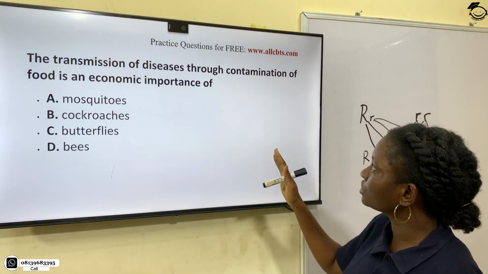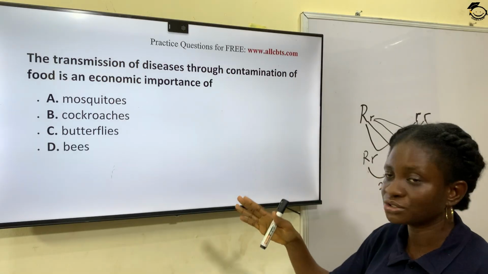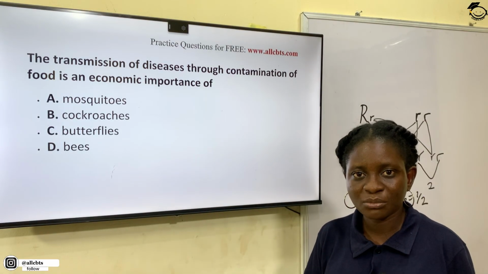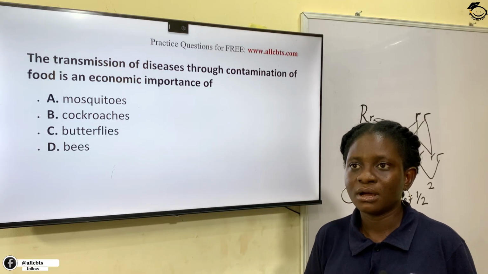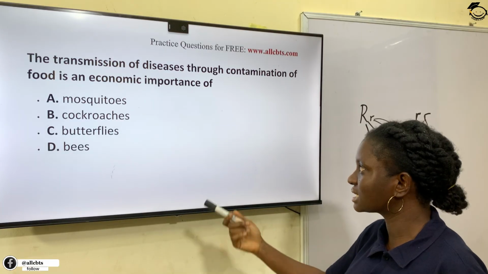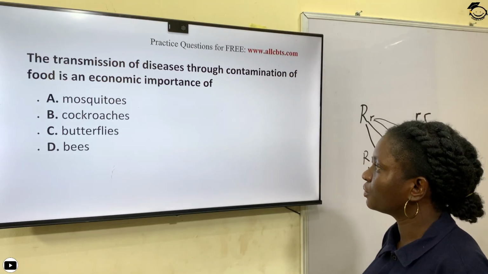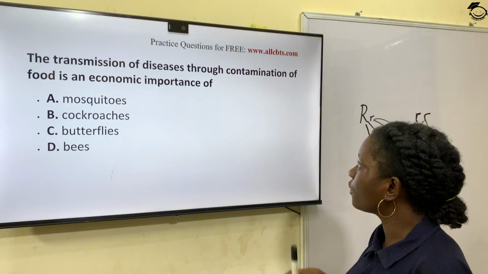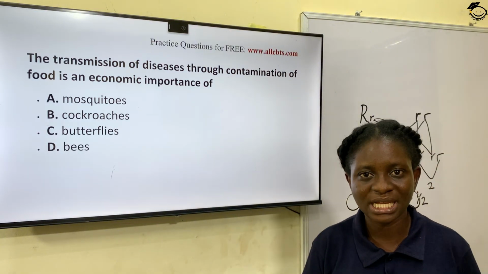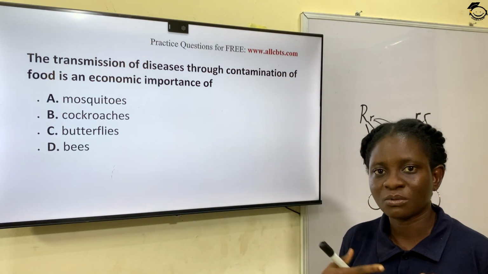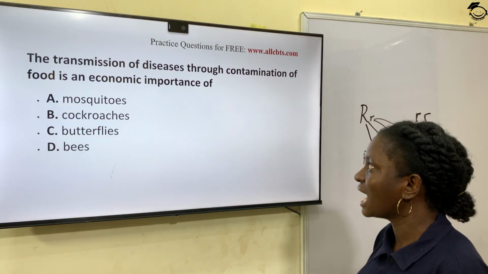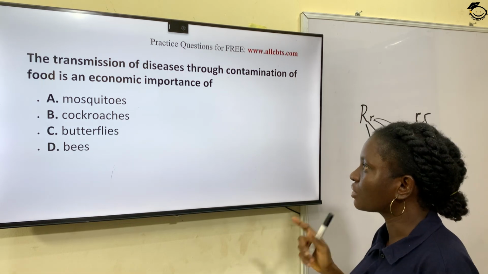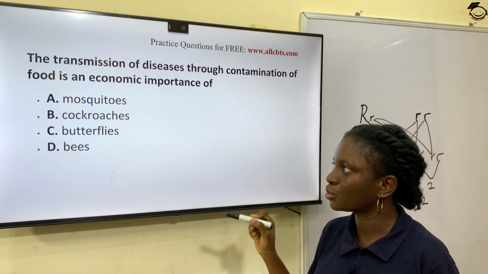When we say economic importance, it means something that can be beneficial or harmful, but in this case, harmful. Mosquitoes transmit malaria, but cockroaches contaminate food. Once they perch on food, they contaminate it, and this can lead to transmission of diseases. So the correct answer is cockroach.